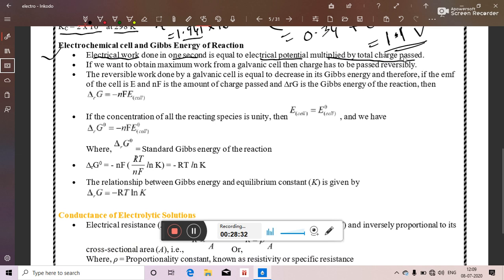So W is equal to electric potential multiplied by charge, that is W equals V into Q. If we want to obtain maximum work from the galvanic cell, then the charge has to be passed reversibly. So for performing maximum work we have to pass the charge reversibly. That means charge should be passed in both directions.